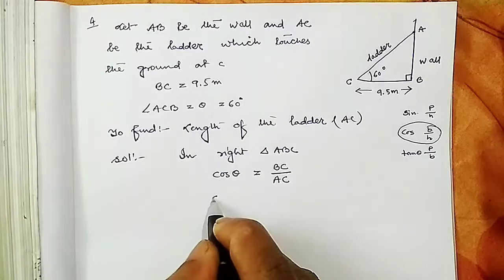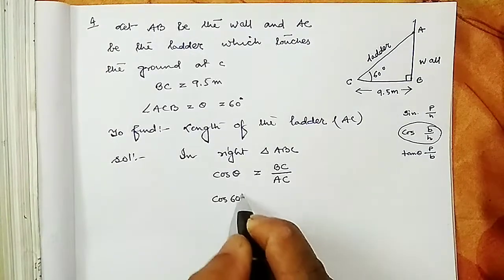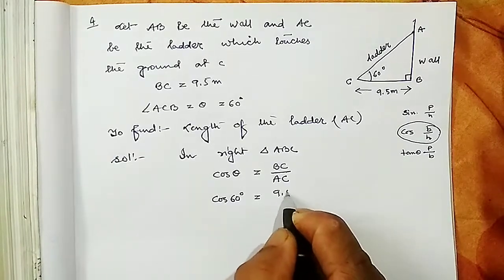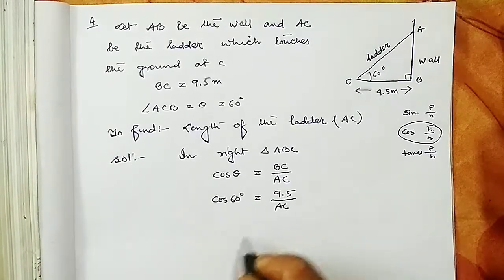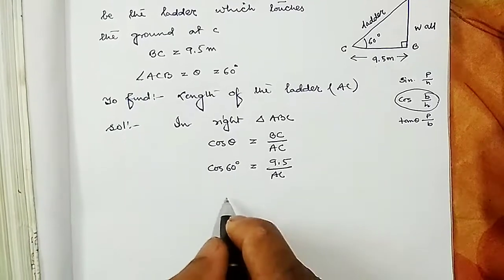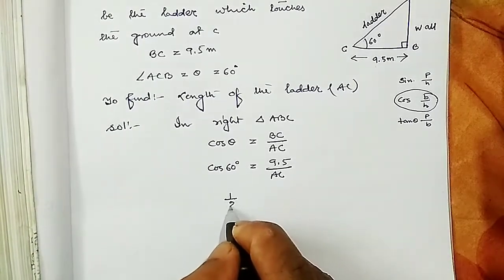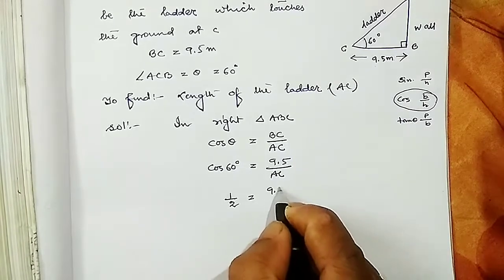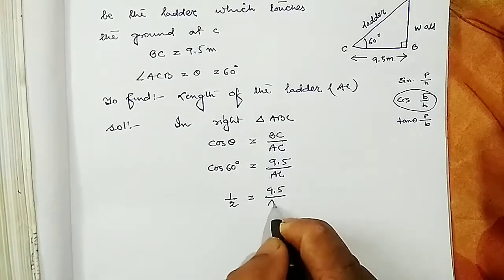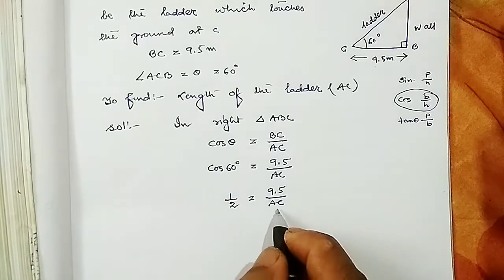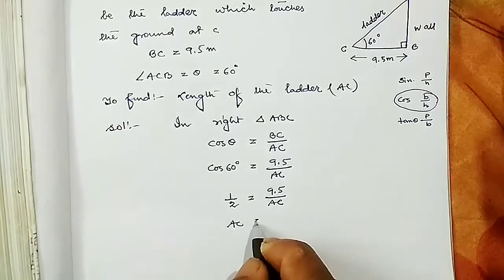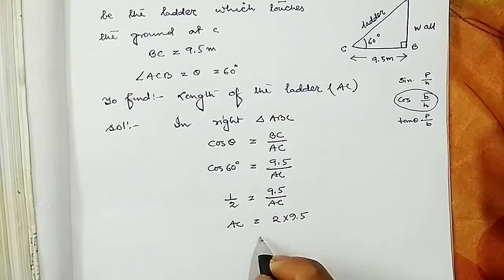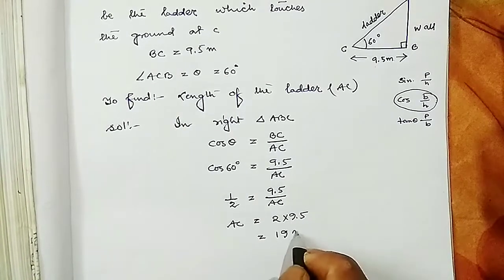Now cos 60, because here angle of elevation is 60, BC is 9.5 and AC is not known. What is the value of cos 60? Cos 60 is half. You have to remember the trigonometric table, which I have explained in one of my videos in trigonometry part. So half equals 9.5 by AC. Now if I cross multiply, AC into 1, AC equals 2 into 9.5, it will be 19 meters.